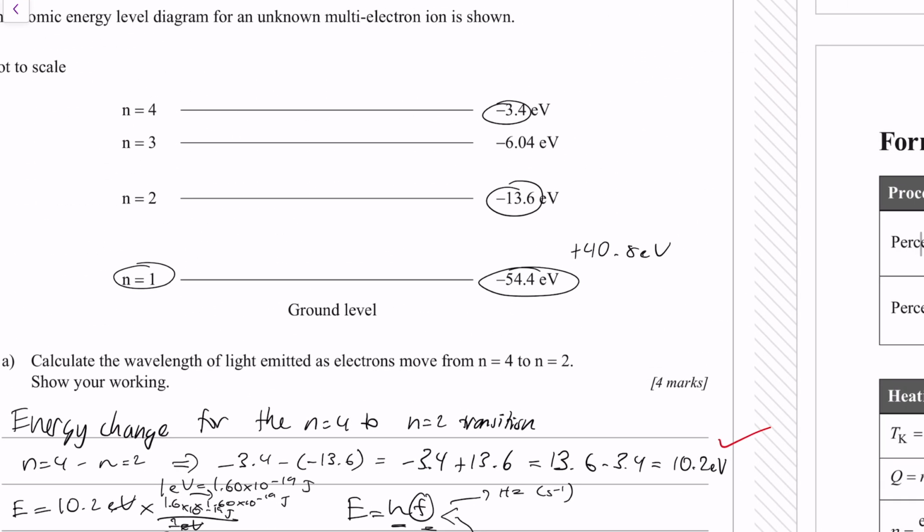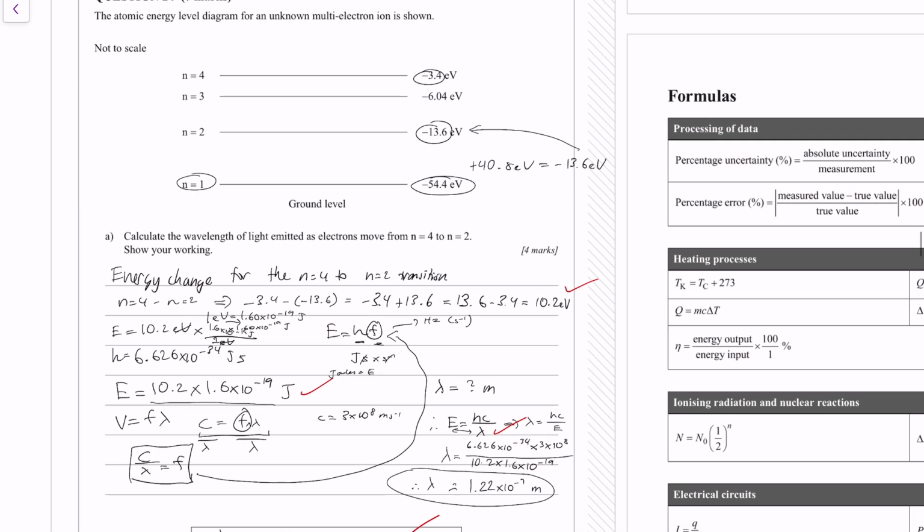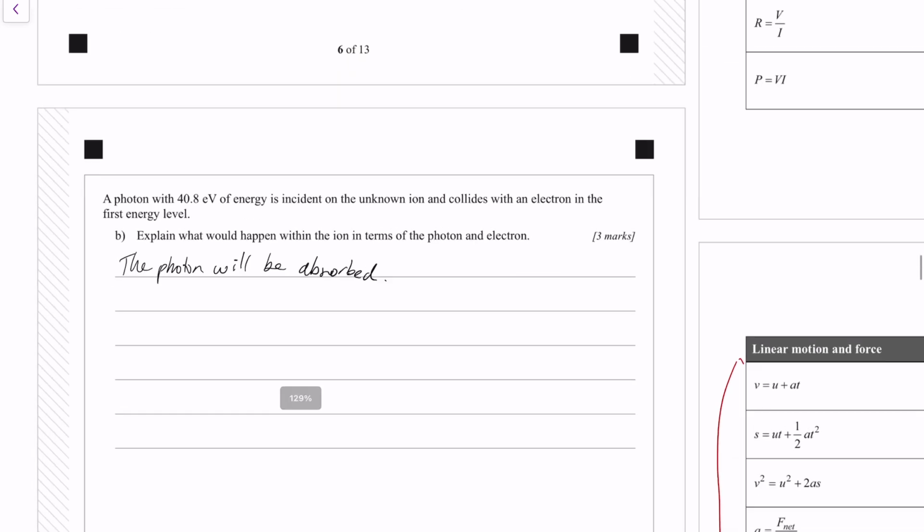If we do a quick calculation, negative 54.4 plus 40.8 eV, we get a value of negative 13.6 eV, which corresponds with the n equals 2 electron energy level.